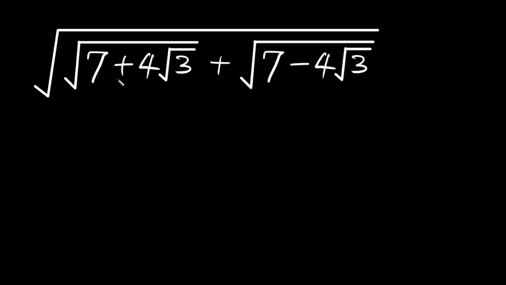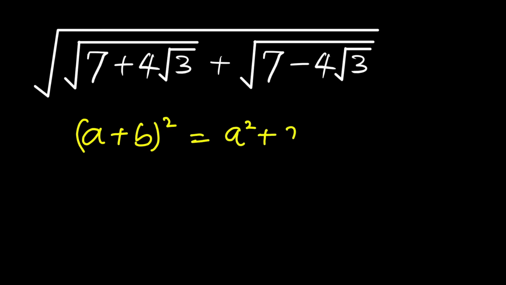So we start by rewriting 7 plus 4 root 3 and 7 minus 4 root 3 as a square root, right? And the concept we are going to be using there is a plus b all square gives a square plus 2ab plus b square.